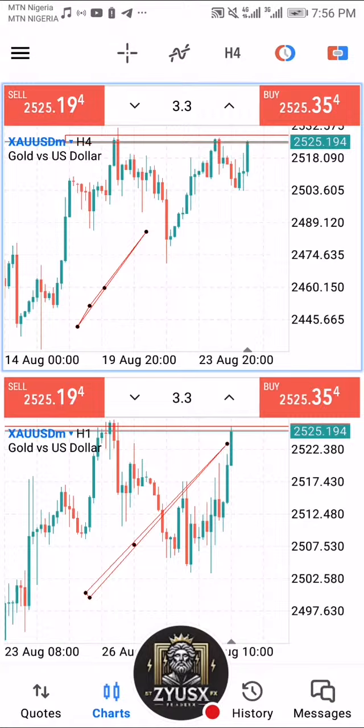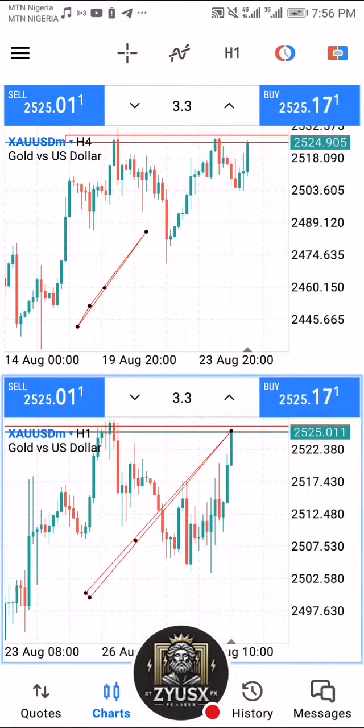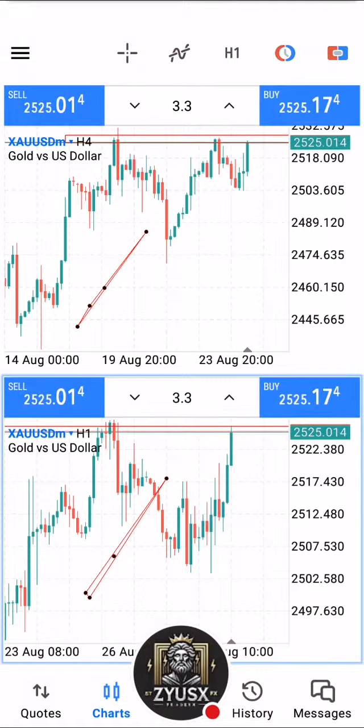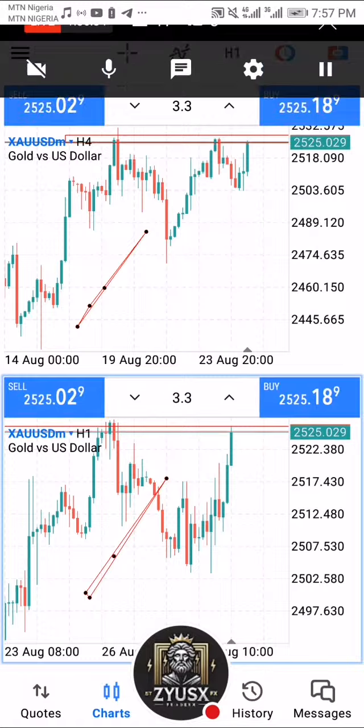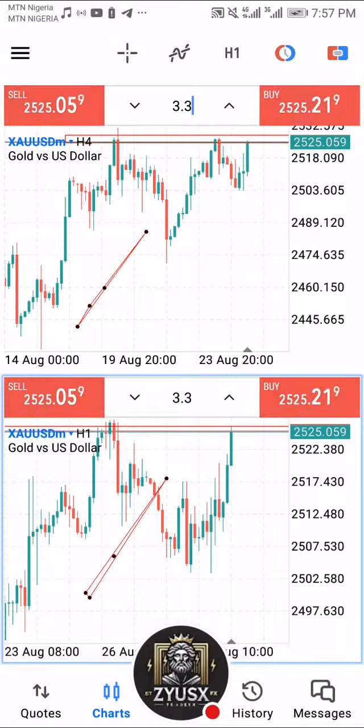That's the rule of thumb. I'll use the sell stop order to be on the safer side, so it only gets triggered when the momentum kicks in and starts pushing down. That's what I'll be doing. I'm not selling immediately. I'm just patient.